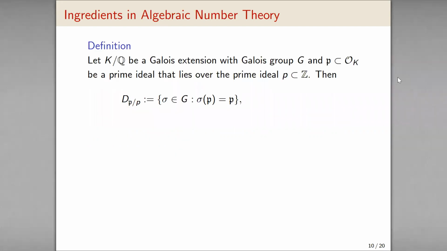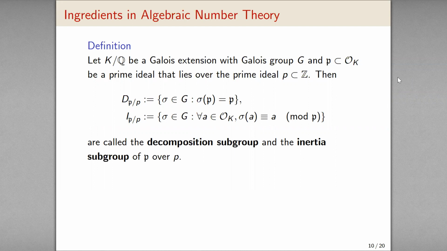Now, if K is a Galois extension of Q, and its Galois group is G, and we take a prime ideal curly P that lies over the prime p, then the decomposition subgroup of curly P over p is the set of all automorphisms in G that fix curly P. And the inertia subgroup of curly P over p is defined as the set of all automorphisms sigma in G such that for every a in the ring of integers of K, sigma(a) is congruent to a modulo curly P. This last congruence condition can be restated as sigma(a) minus a is in curly P for every a in O_K.